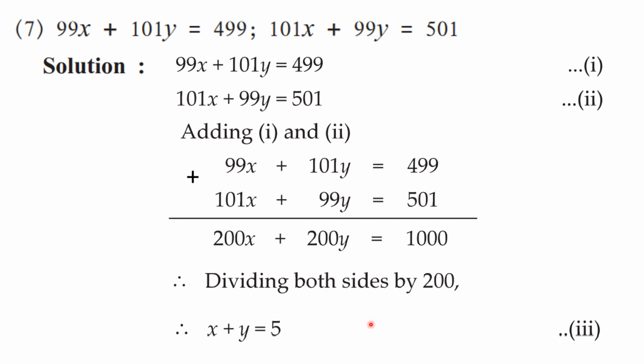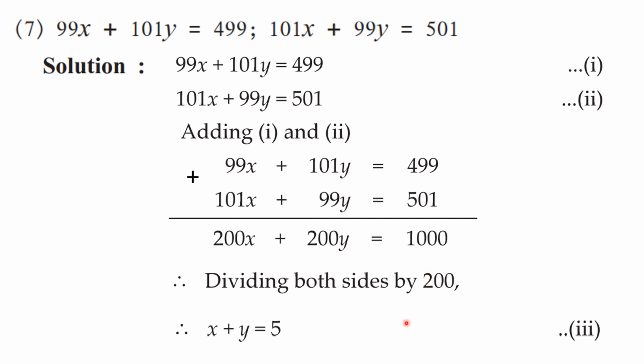Now let's go for S, that is subtraction. While subtracting, the care we should take is that we should think of the bigger coefficient of x. So now we will subtract equation 1 from 2. No doubt you can subtract 2 from 1 also, but to avoid mistakes, we subtract 1 from 2.